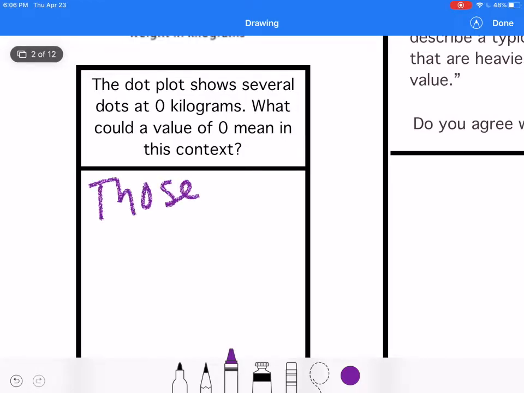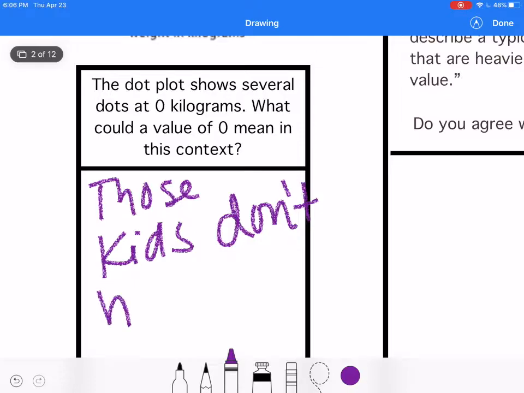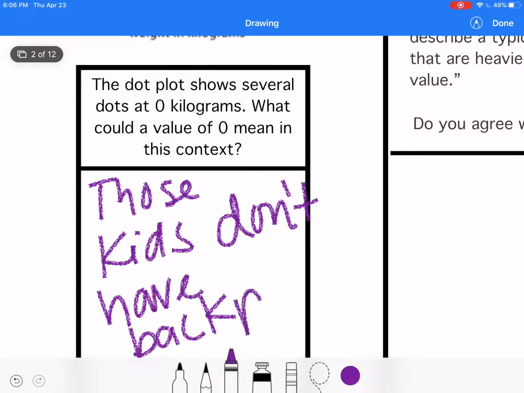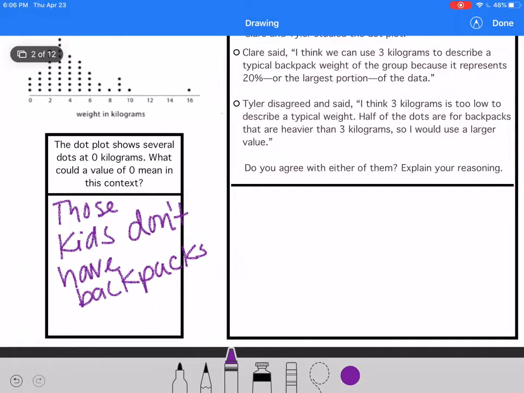So those kids don't have backpacks. They may be carrying their books in their hands, they may be using lockers, something like that.